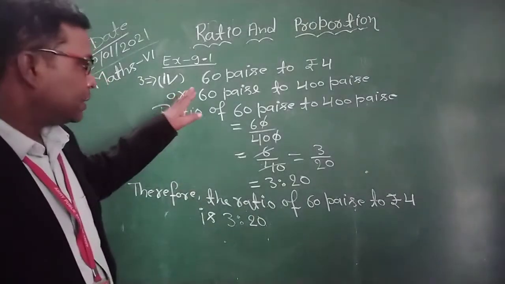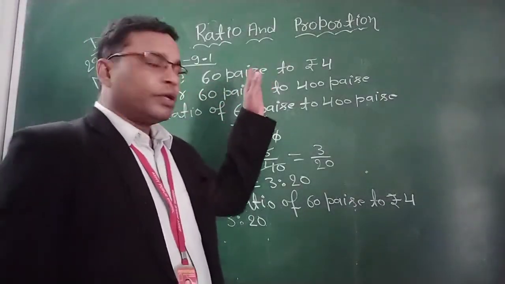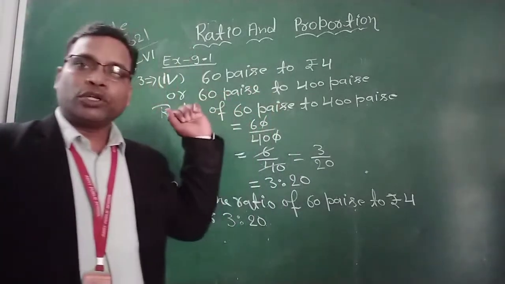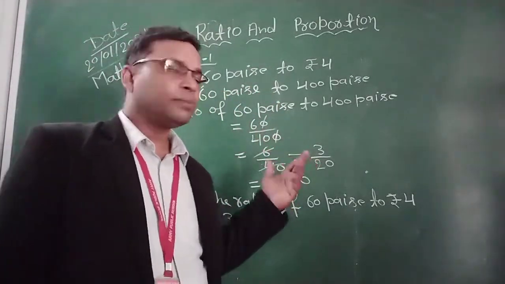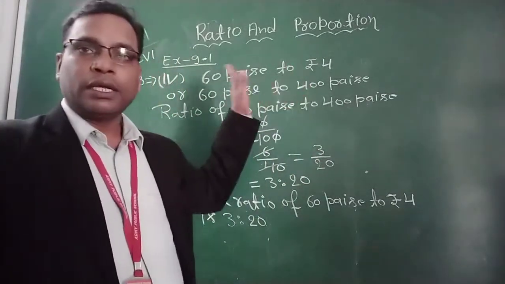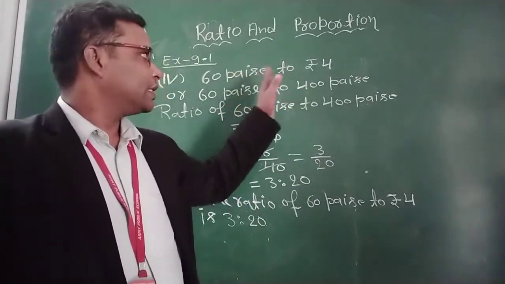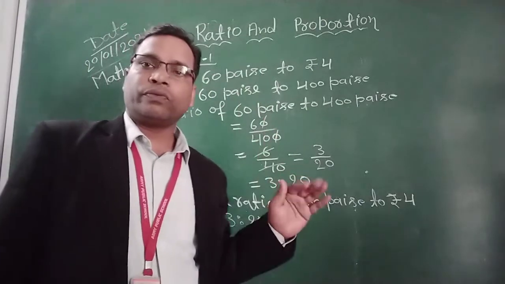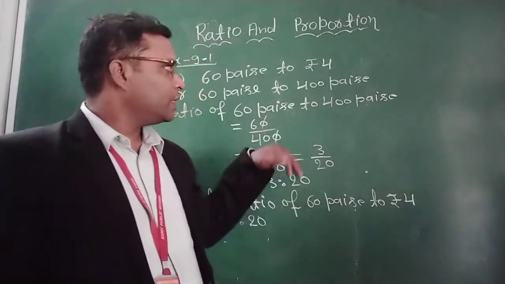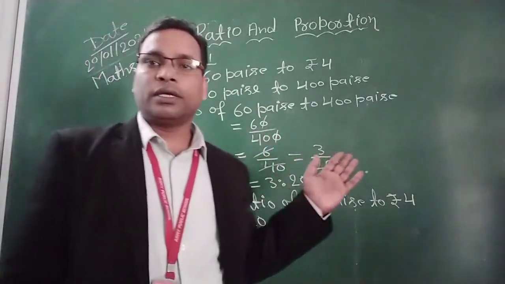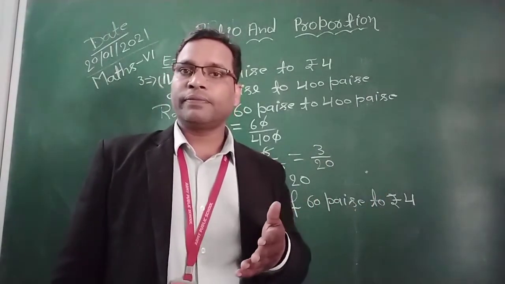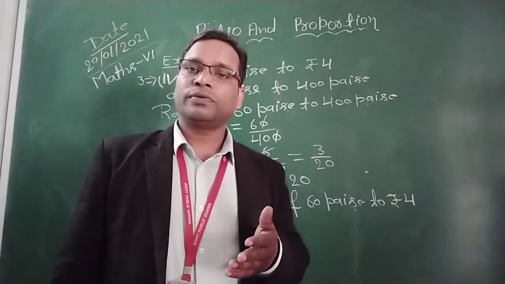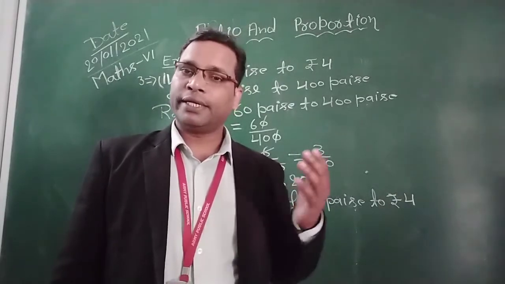Student, in this question it is given that you need to find the ratio of 60 paise and 4 rupees. So you can see both quantities are different. One is paise, the second is rupees. So first we convert rupees into paise, and you know very well how to convert. Obviously we know that 1 rupee is equal to 100 paise.